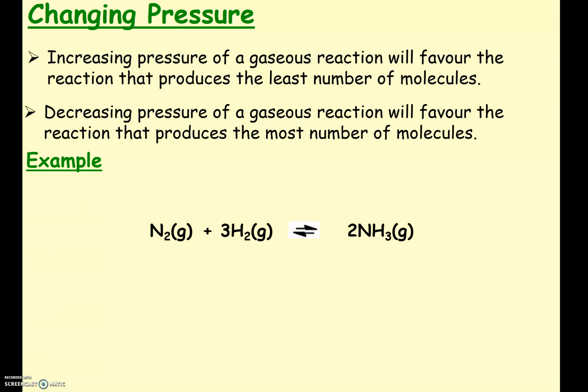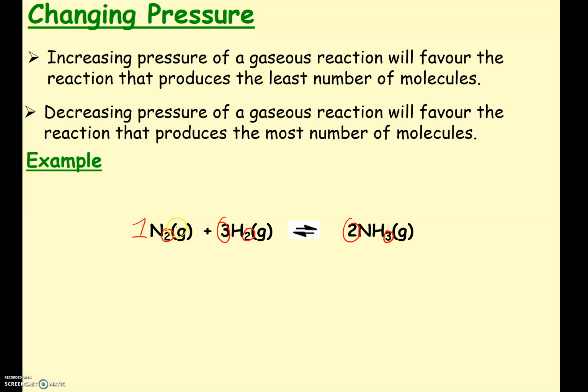If we take the same example of our Haber process, with nitrogen and hydrogen, we're not concerned about the formulas here. What we're looking at are just the figures that come before them. There is 1 molecule of N2, 3 molecules of H2, and here we have 2 molecules of ammonia.